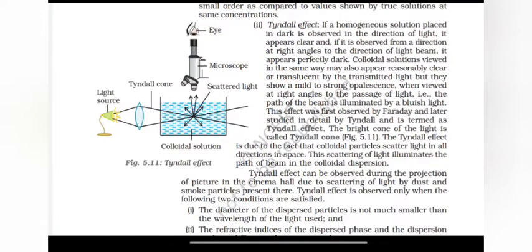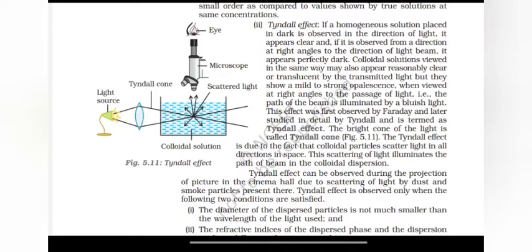If a homogeneous solution is placed in a dark place and observed in the direction of light, it appears clear, and from a direction at right angles to the direction of the light beam, it appears perfectly dark. Colloidal solutions viewed in the same way may also appear reasonably clear or translucent by the transmitted light, but they show a mild to strong opalescence when viewed at right angles to the passage of light.